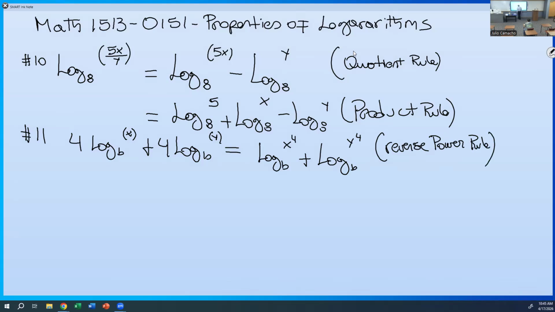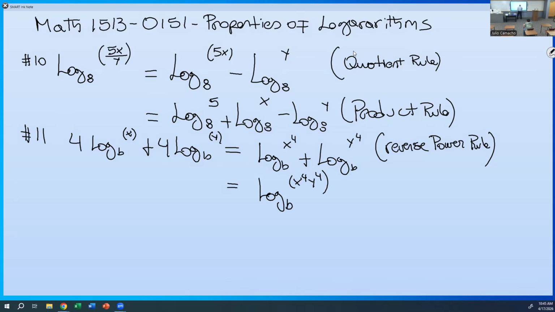So now what will be your second step? What else can you reverse then? The product rule. Exactly. Excellent. I will reverse the product rule. I will combine these two logs. There will be a log base b, and then my argument will be x to the 4th power multiplied by y to the 4th power.